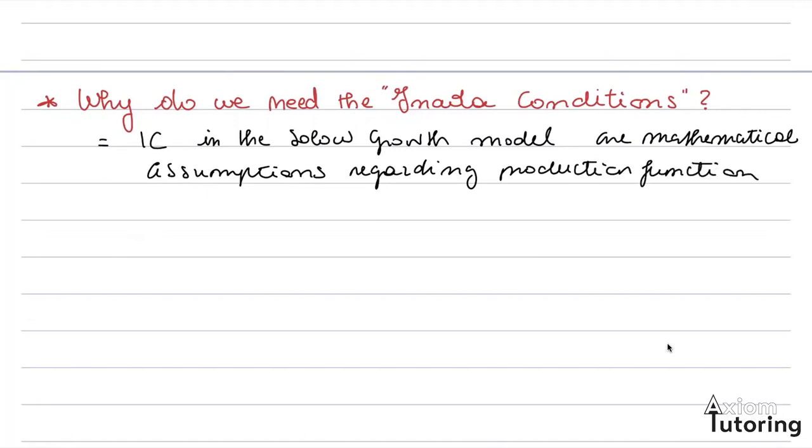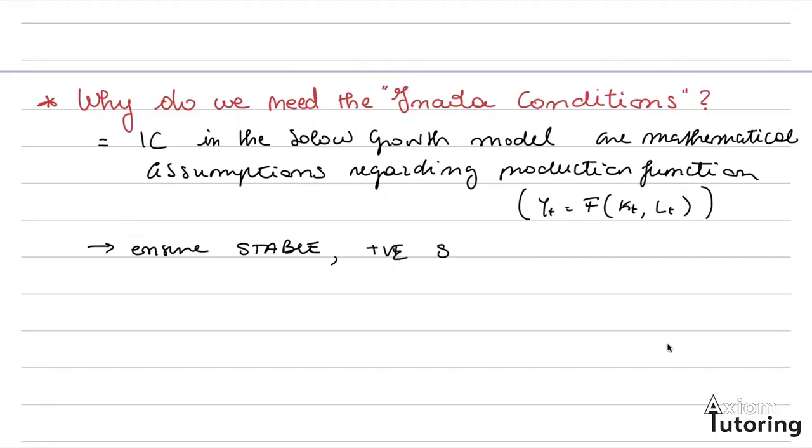If you recall, the production function is what we've been calling until now this function of capital and labor, the two factor inputs. Basically, they ensure a stable, positive, steady state equilibrium for capital.